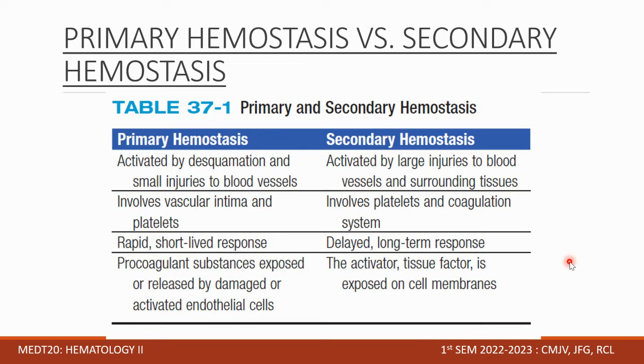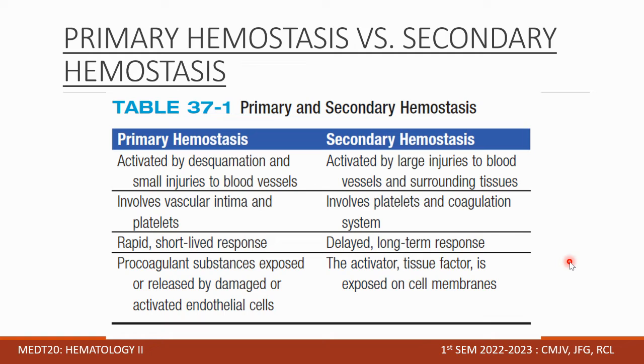If we're going to compare primary and secondary hemostasis, again, primary hemostasis is activated by desquamation and small injuries to blood vessels. It involves the vascular intima or our blood vessels and our platelets.